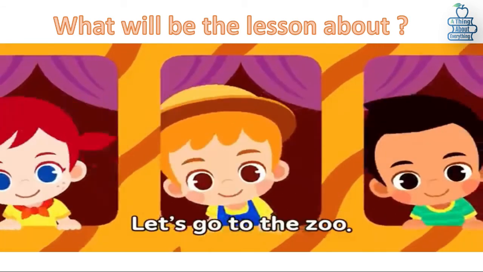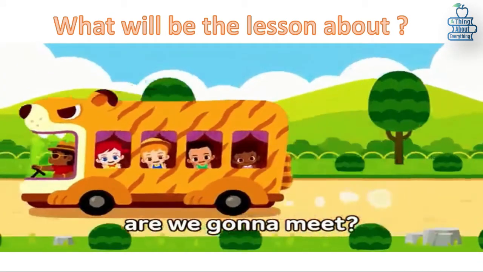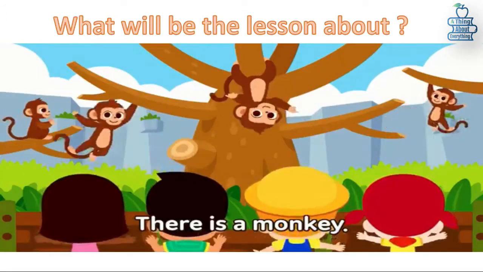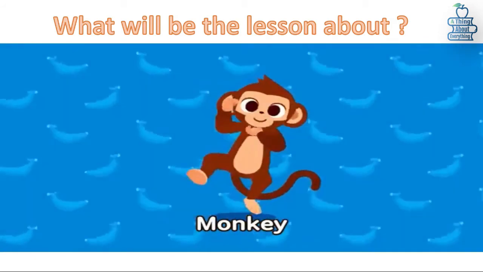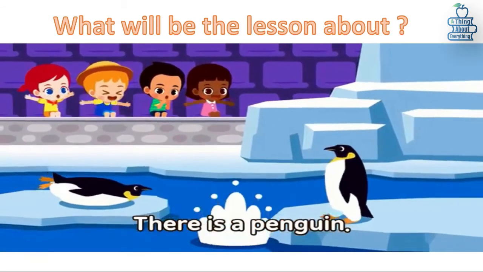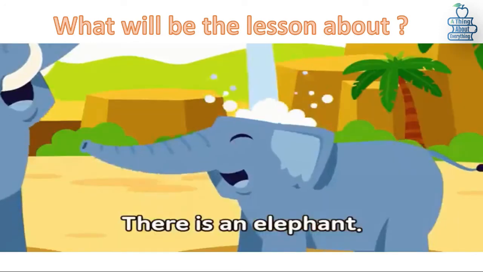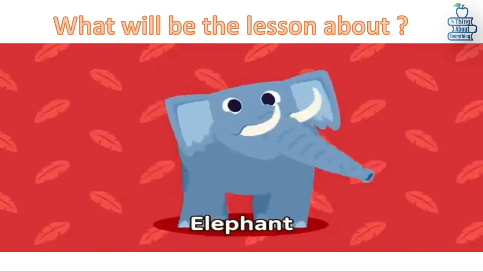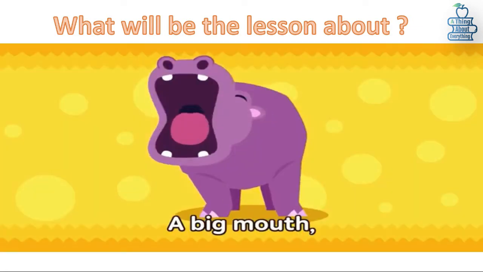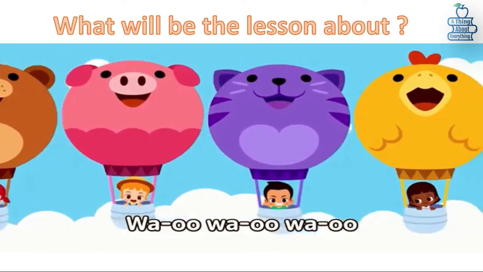Let's go to the zoo. Let's go to the zoo. Which animals are we gonna meet? 1, 2, 3, 4. Let's go. Let's go to the zoo. There's a monkey. A monkey. A monkey. Let's go to the zoo. There's a penguin. Waddling, waddling penguin. Waddling, waddling penguin. Let's go to the zoo. There's an elephant. Ooh, elephant. Ooh, elephant. Let's go to the zoo. There's a hippo. A big mouse hippo. A big mouse hippo. Wah, ooh, wah, ooh, wah, ooh, in the zoo.